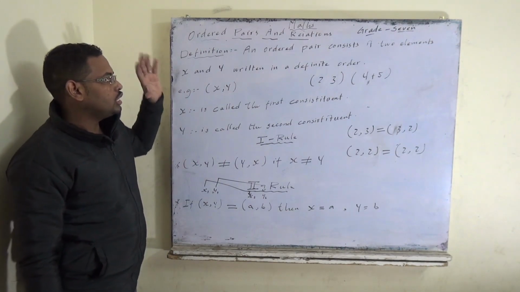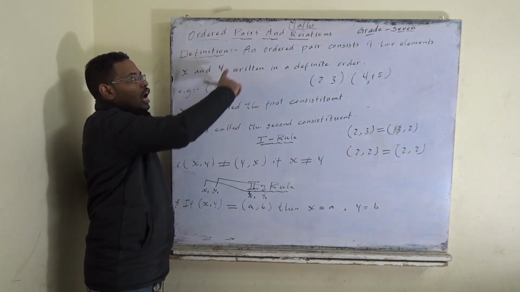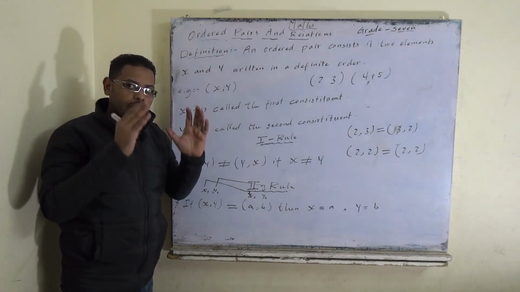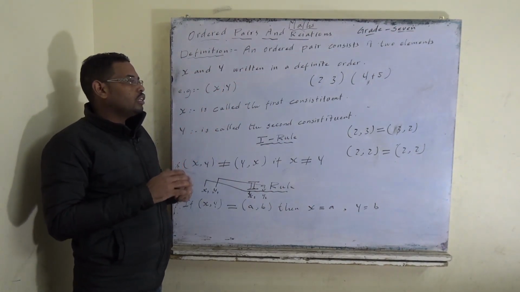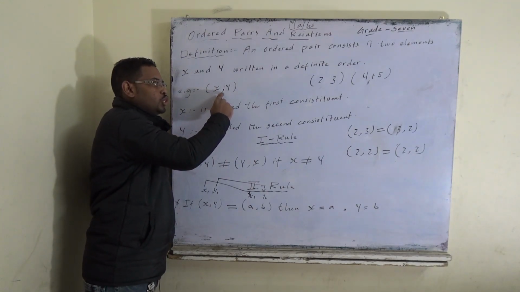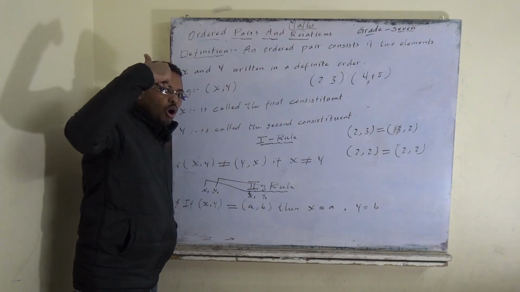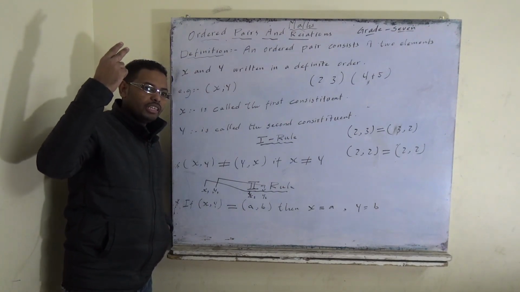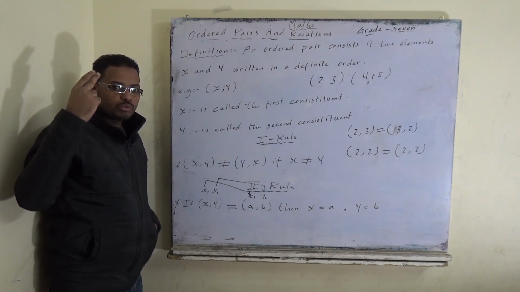Then we said, if you remember, we said an ordered pair is any pair written in a bracket and separated with a comma, and from the word pair, that means they are 2.